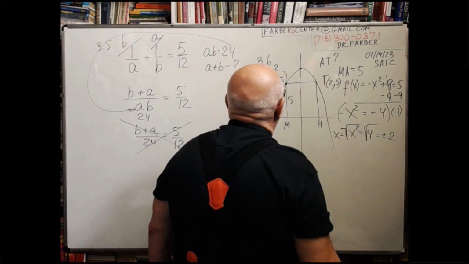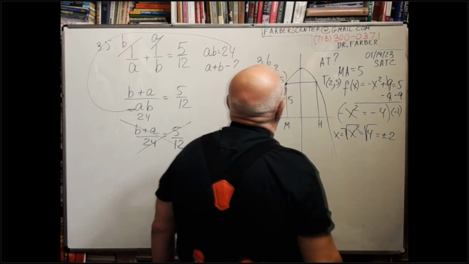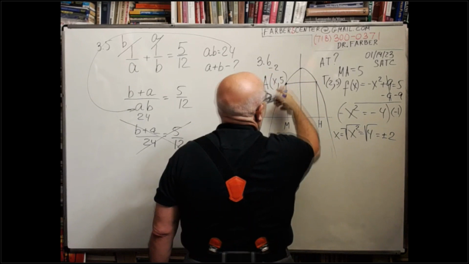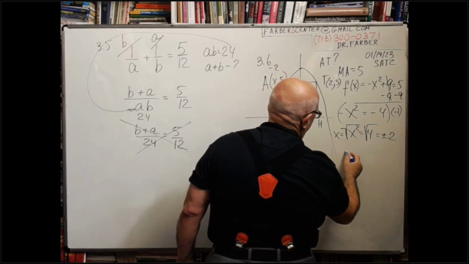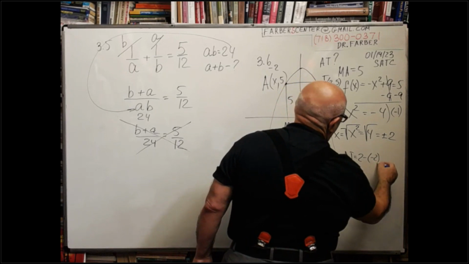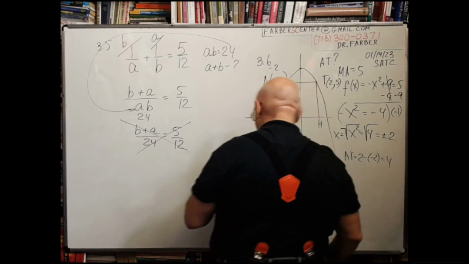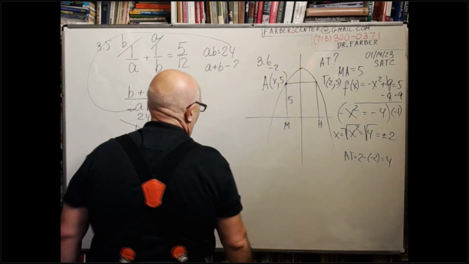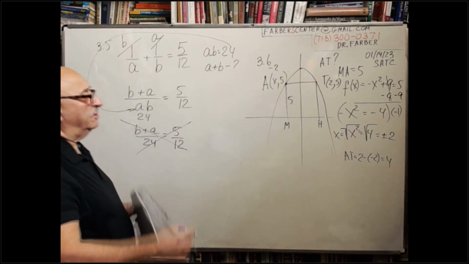They ask you to find AT. AT equals 2 minus negative 2, which is 4. They ask you to find AT. Actually, a 2 steps problem.